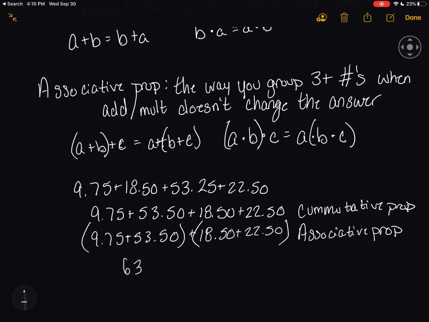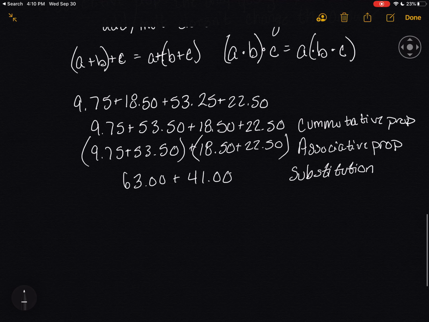It would be 63 and 41, and that would be substitution because I'm solving. I'm taking out those other two numbers and replacing it with 1. And then finally it would be 104, and again that would be substitution. So that's an example of how that works.